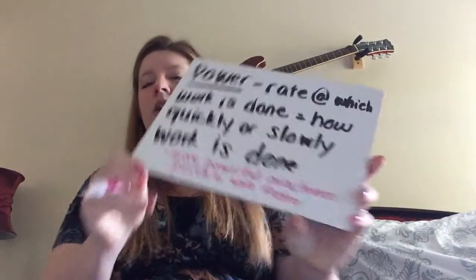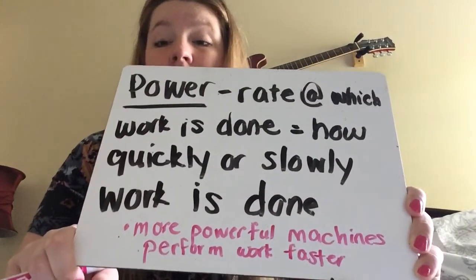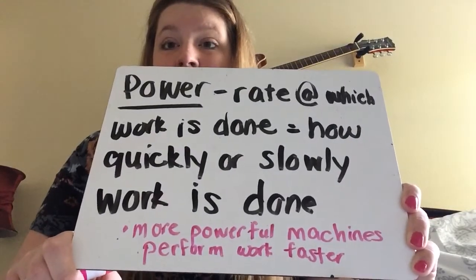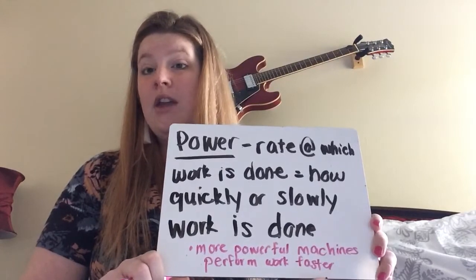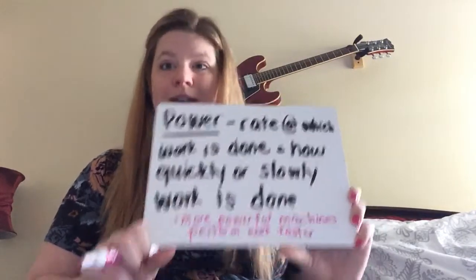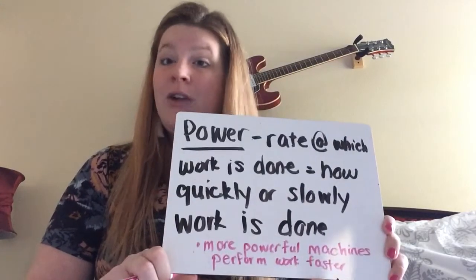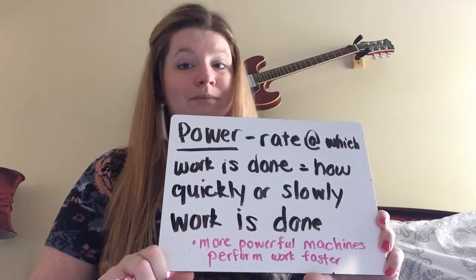More powerful machine. The more powerful the machine, the work's going to move a lot faster. So you could put together quite a few simple machines and your work could get a lot faster, because if you put together a couple of simple machines, the power will increase, which makes the work go a lot faster.